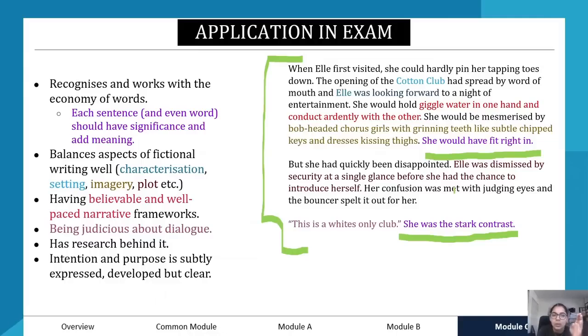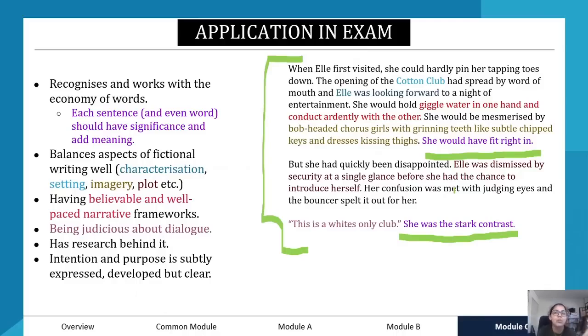And here, it was paced well. We are introduced to her internal thought, we're introduced to how she's excited, and then she reaches there and she's dismissed, right? And those are the 2 scenes, and it's working perfectly. It's not like she heard about it first, then she's thinking about it, then she goes there, she's dismissed, and then she thinks about it and goes back home.